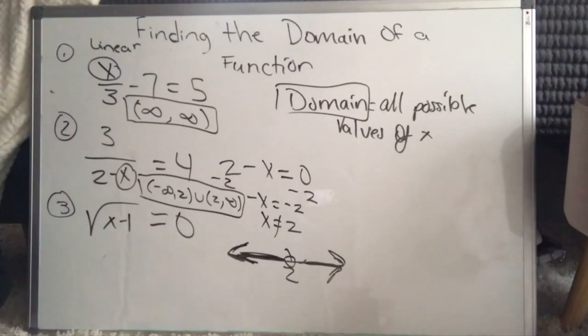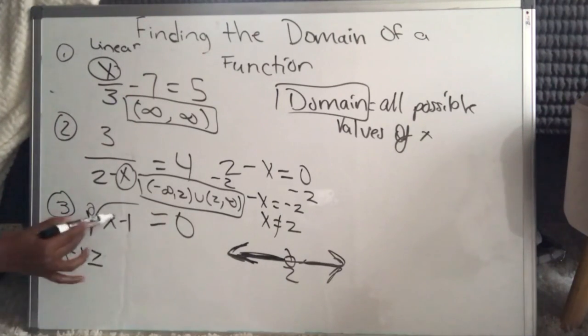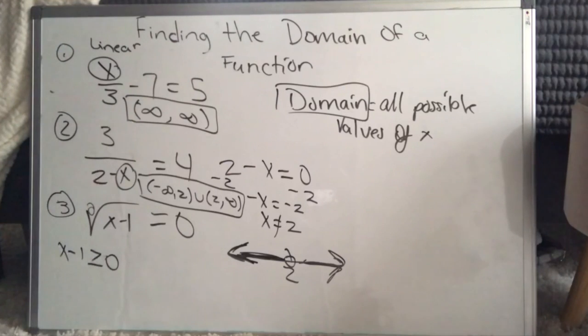And this is a radical function. We know that with radical functions, especially when it has an imaginary 2, a positive or an even number, we cannot have a negative number. So therefore, we have to say that everything under the radical has to be greater than or equal to 0. So when we add our 1, x has to be greater than or equal to 1.